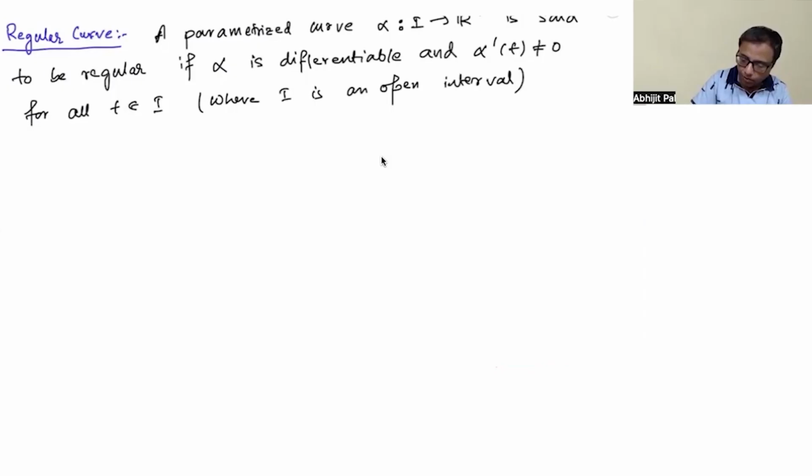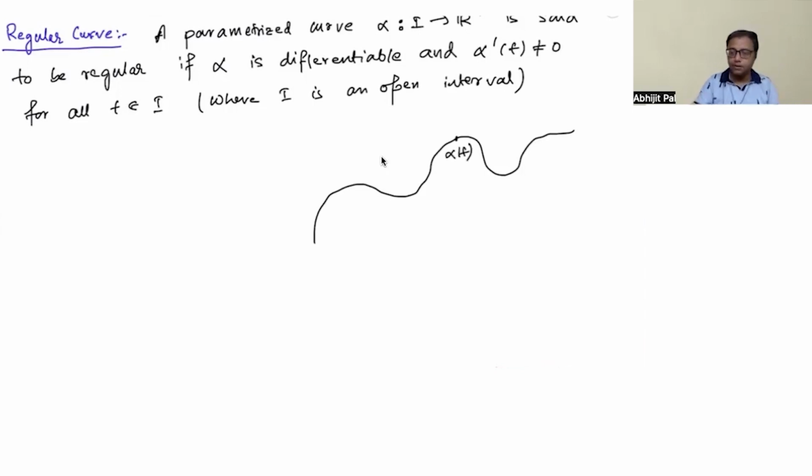If I draw a picture, this is my alpha t. It is a point in Rn, and I have taken this alpha prime t, which will be tangent to this curve alpha.